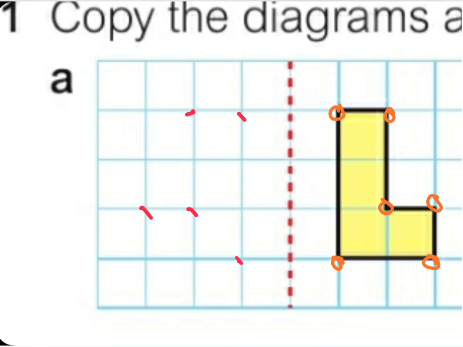And here we have the last one. We have 1, 2, 3. So we measure 1, 2, 3, and we put the point. And then we connect the points together.